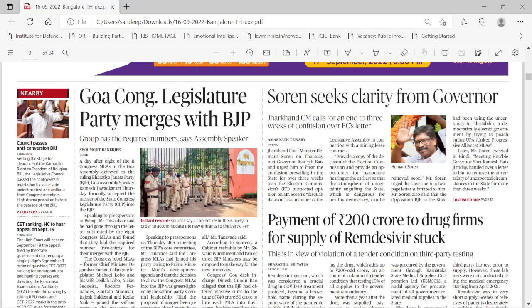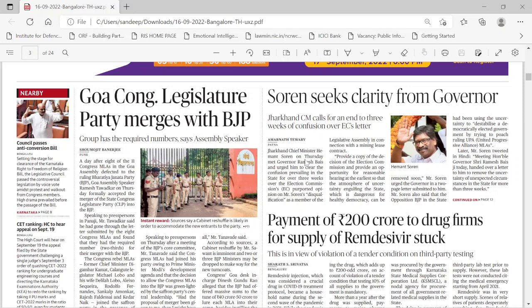Normally, when MPs or MLAs leave one political party and join another, that comes under anti-defection. There are certain provisions against this defection. Let us say a Congress MLA joins BJP, then he will lose his membership, the seat will become vacant, and he has to contest the elections again.